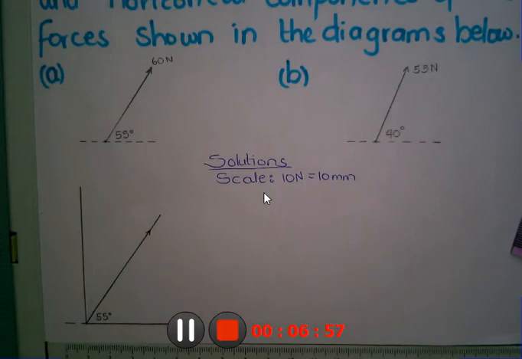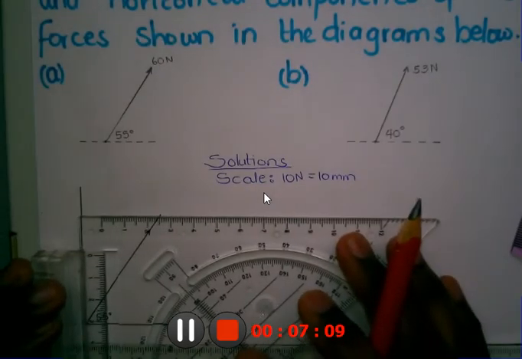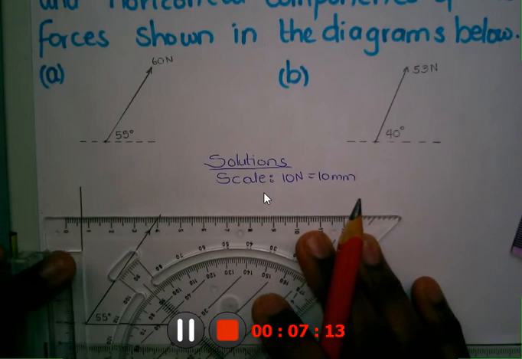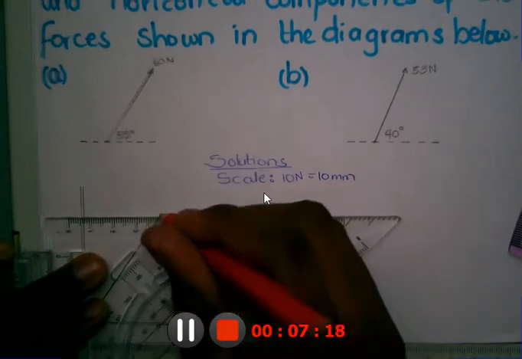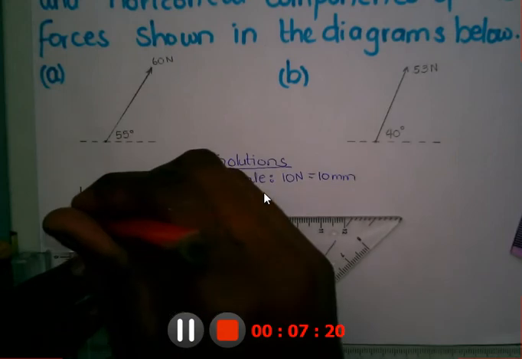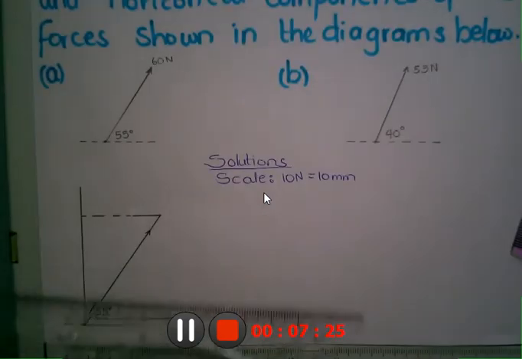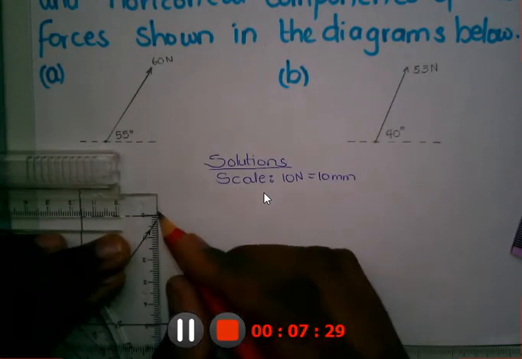Now what you are going to do, please use a set square because it's accurate for making sure that your lines are 90 degrees. You take your set square, and from the top of the line of 60 newton, you indicate with a solid line or a dotted line, and then you also do the same on the other side.